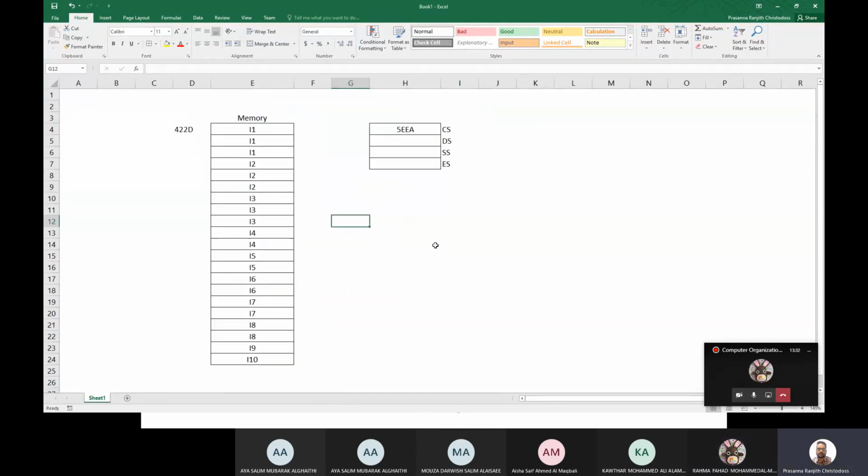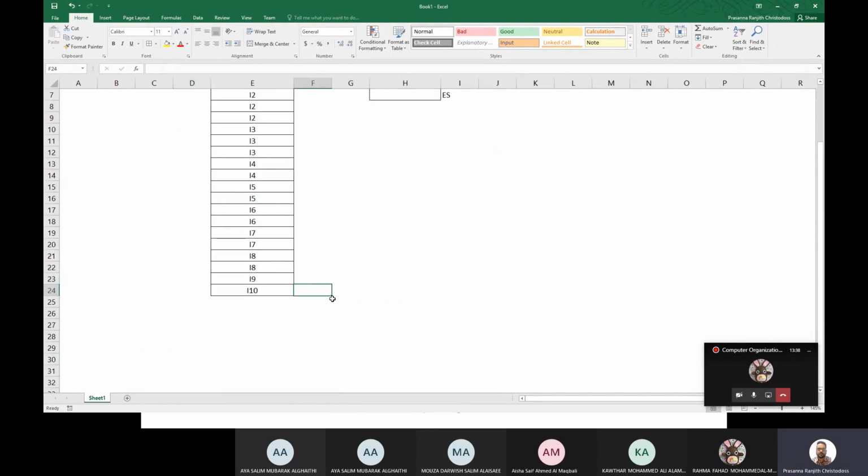This is given, but they are asking you to find the physical address of the last instruction.